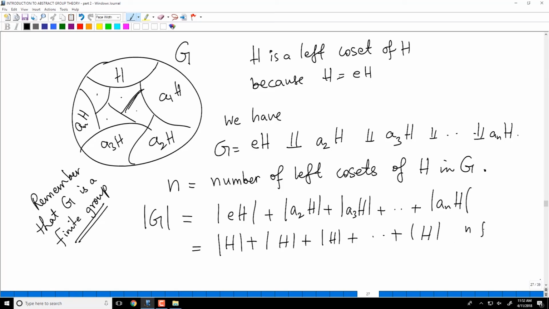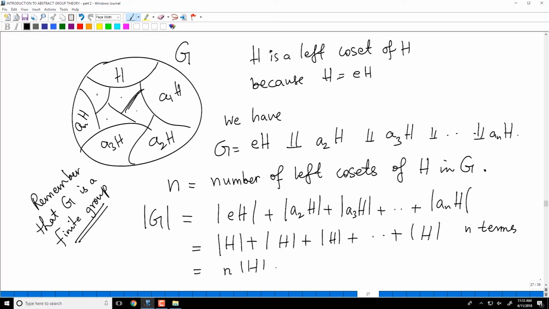There are n terms. Right? So the cardinality of G is the cardinality of H added to itself n times. So we have that the cardinality of G is equal to n times the cardinality of H.